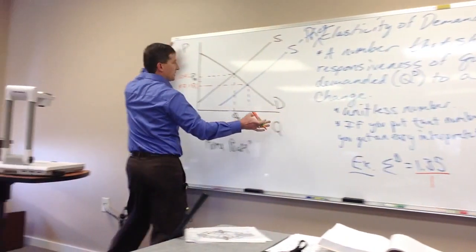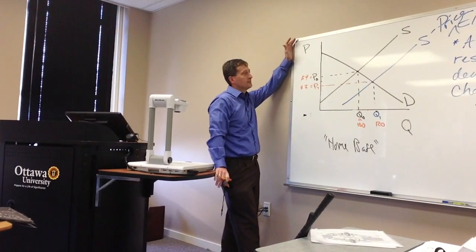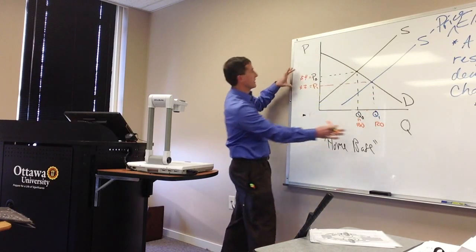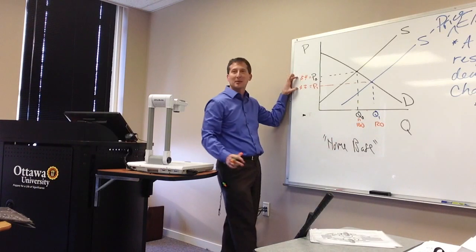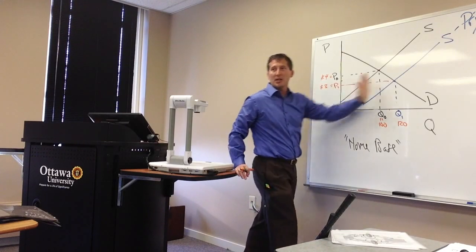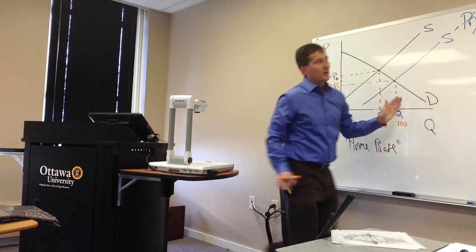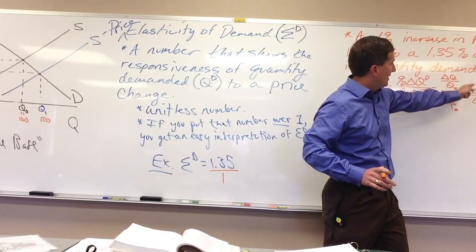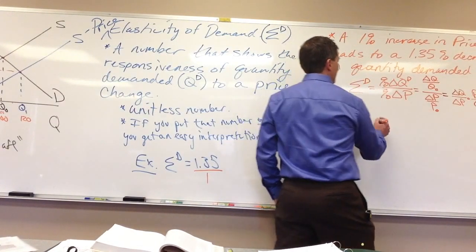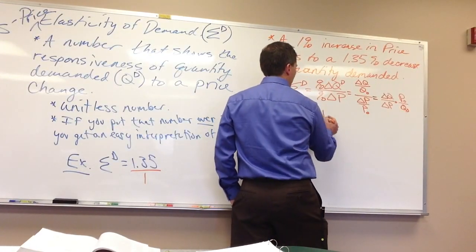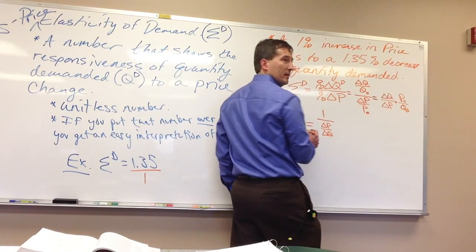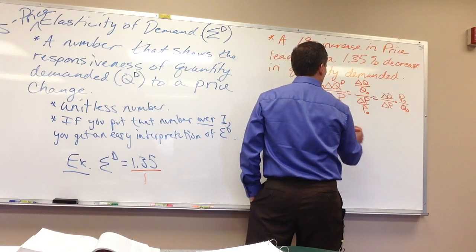What's the slope of this line? What's the slope of the demand curve currently? I'm not even looking for a real number, although we could calculate it, I guess, here. But yeah, so change in price over change in quantity, right? Rise over run. We don't quite have that here. We've got change in quantity over change in price. So we can re-express that as 1 over the change in price over the change in quantity, times that point estimate.